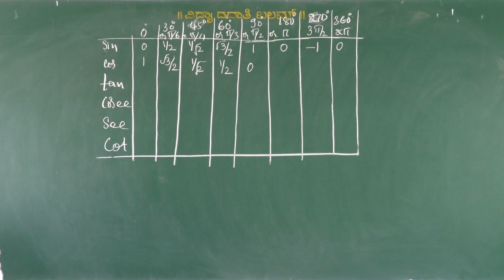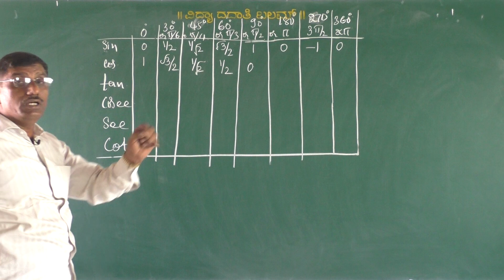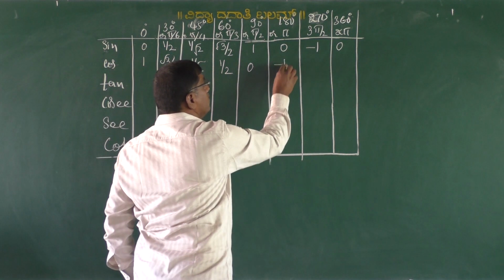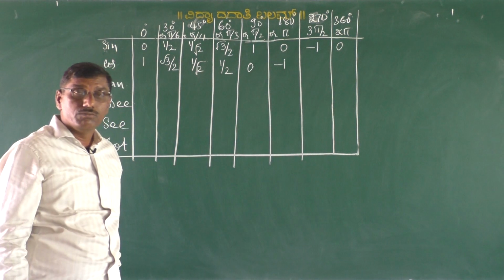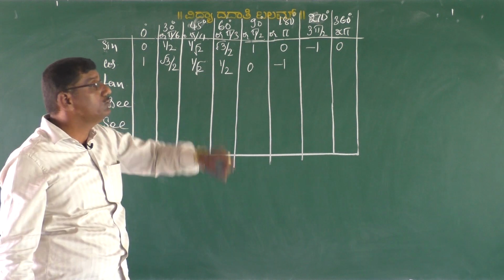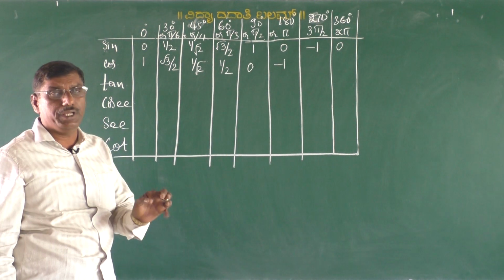Now we have to define cos 180 and also cos 270. Cos 180 is minus 1. Cos 270, my dear students, listen carefully.